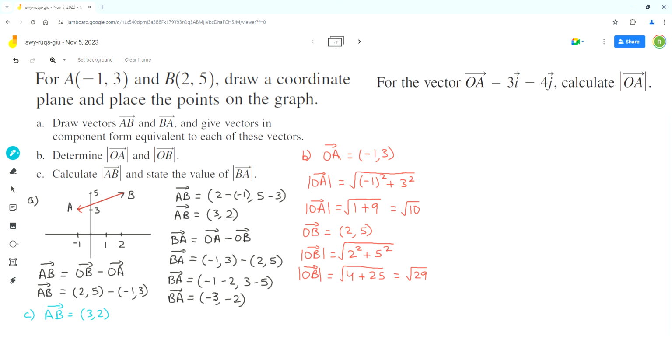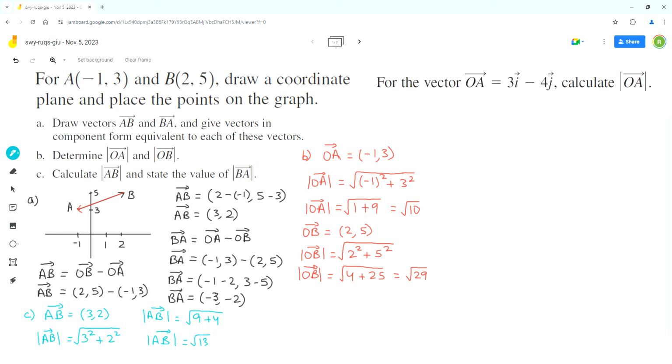So we'll square the two components, add the result and apply square root to the sum. So this is the magnitude of vector AB.